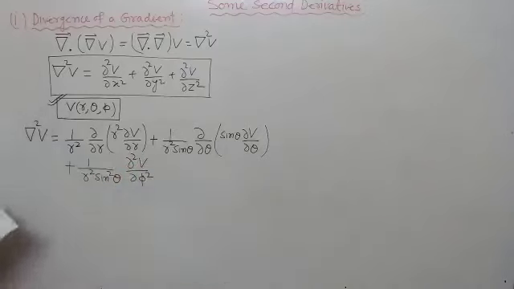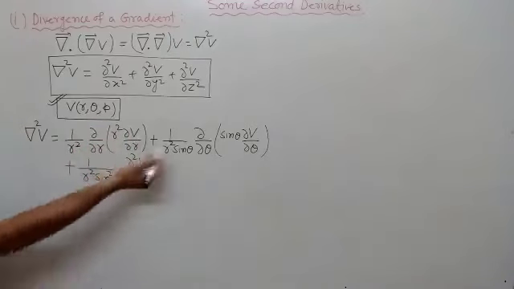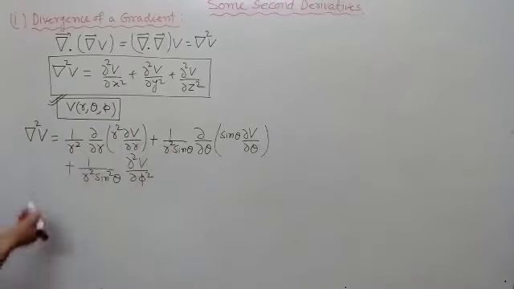This is del square V in spherical polar coordinates. So if you remember these terms, just substitute V and then differentiate it, you will get del square V in spherical polar coordinates.